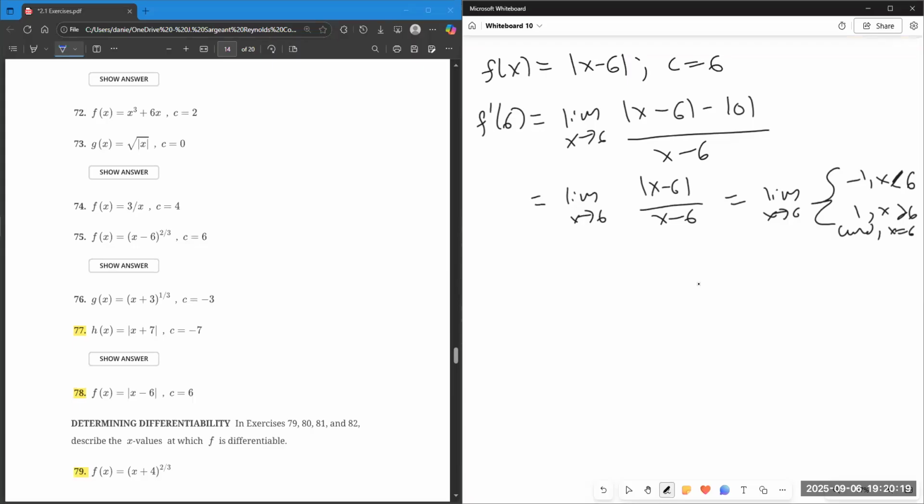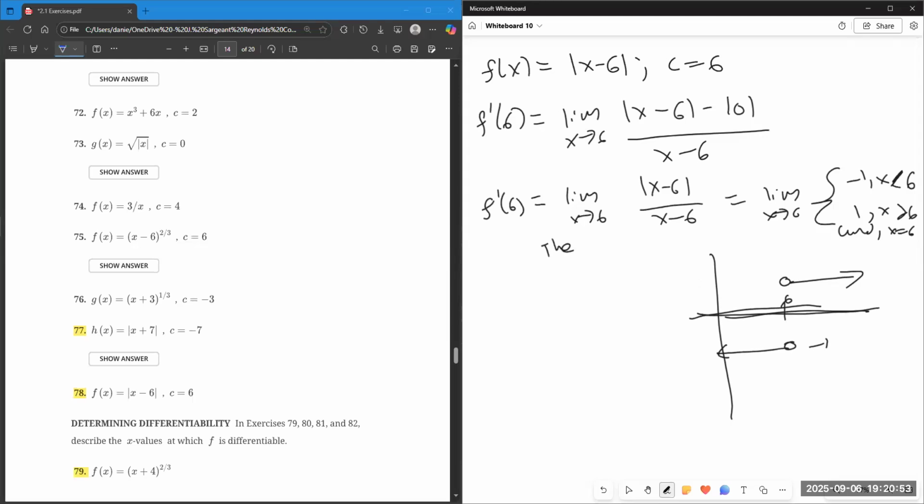So again, we have this graph that looks like this. I didn't draw it last time, but it looks like this. Just this is at x equals 6 this time. And so this limit doesn't exist.